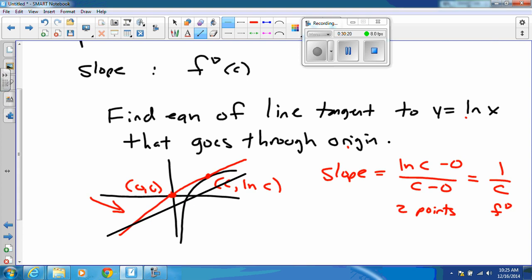And there's only one way to draw that line so that it goes through the origin and is tangent to the curve. It's like that. I draw it like that or that, it's not tangent. So I draw that one line and I label that point c, ln c, because it's on the curve. And then I find its slope with 2 points. I find its slope with f prime. The slope has to equal the slope. Set them equal, and now I solve.